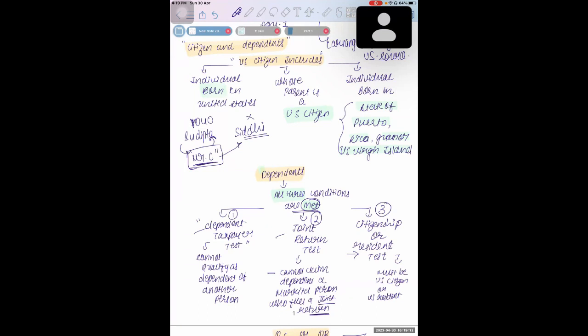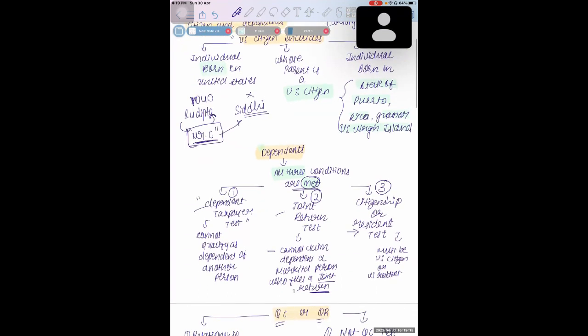Now, second point is your question about the joint return. If this Mr. C is not filing a joint return but filing a separate return, like single is the filing status, then the second point will not apply and Mr. C will be eligible to be claimed as a dependent on Sudipta's tax return. Only these three conditions you have to keep in mind.